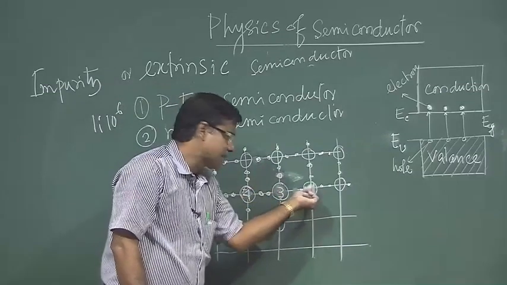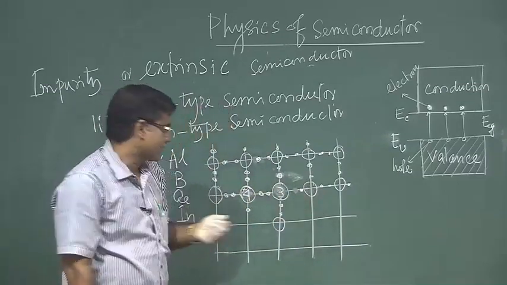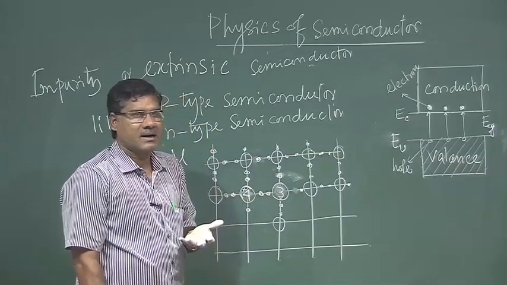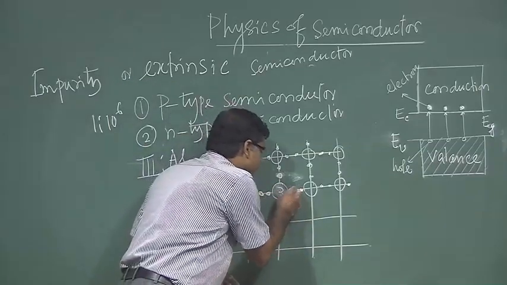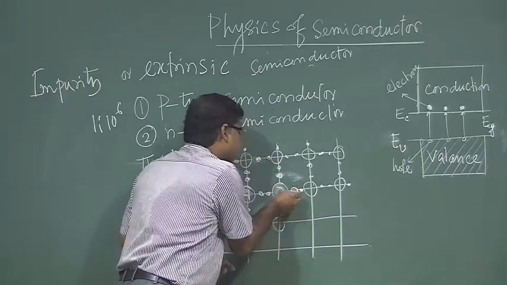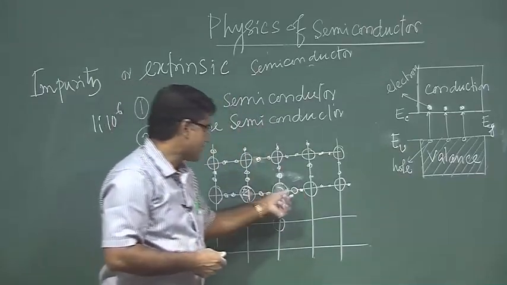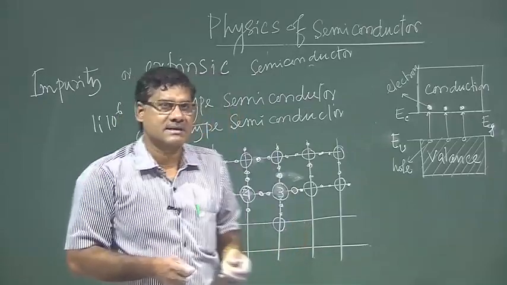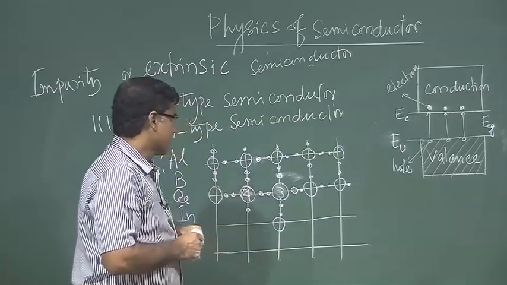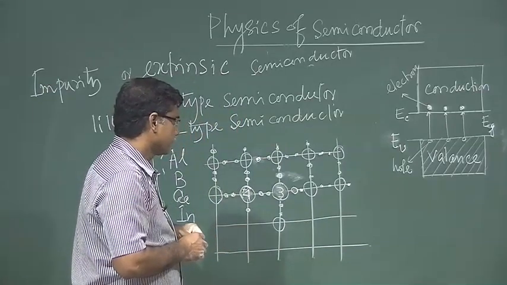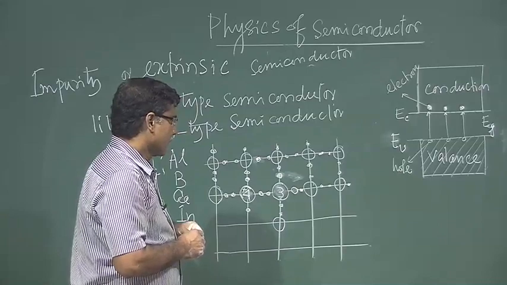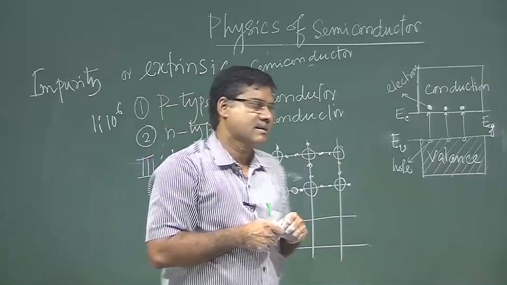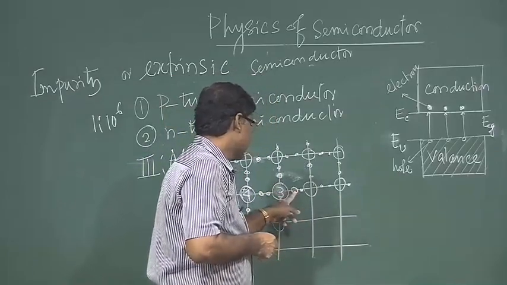All the time this silicon will try to get one electron to complete this bond, but there is an absence of an electron here. So, it will act like a hole. It is as if it is giving a hole to the system. So, the system now can accept an electron, right. Okay.